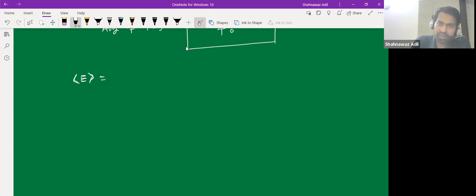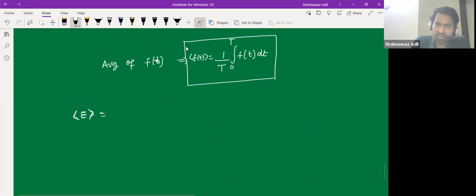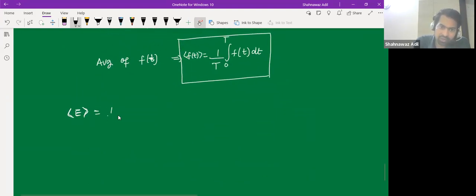Through the definition of average, this would be 1 by T, integration from 0 to T of E dt. Am I correct, everyone? Correct?